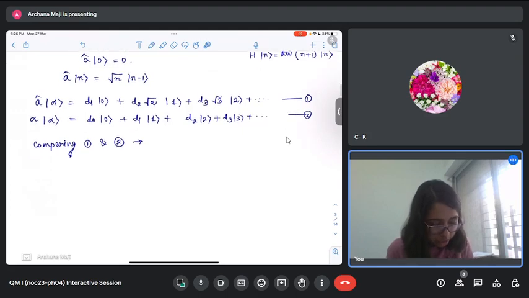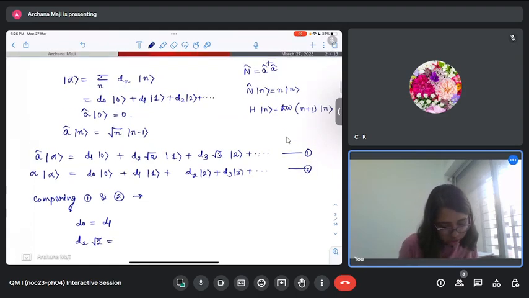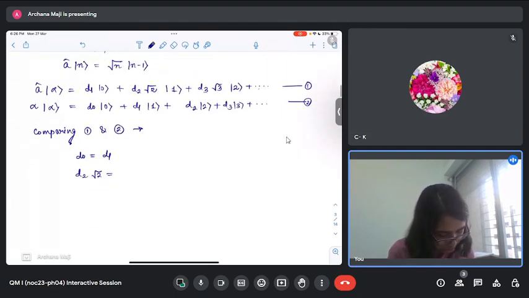So d1 is equal to alpha d0. Then d2 square root 2 is alpha d1, but d1 is alpha d0, so we obtain d2 to be alpha squared d0 over square root 2.